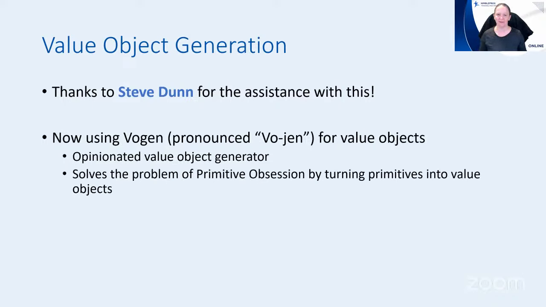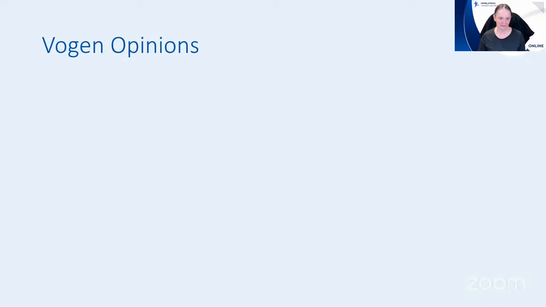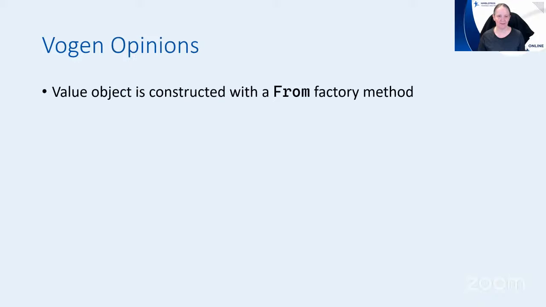So think about your objects, think about your entities, and how many primitives you have, and all of the primitives in there. Lots of ints, lots of strings, things like that. But if you use Vogen, Vogen can help to turn those into value objects. Now, these are some of the opinions that I saw when I was looking into Vogen.